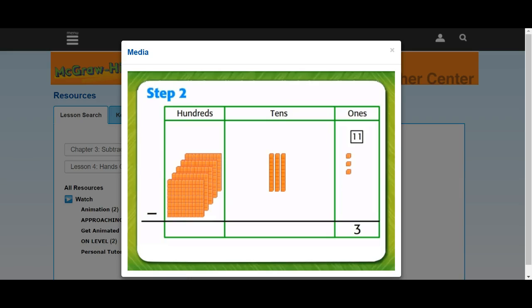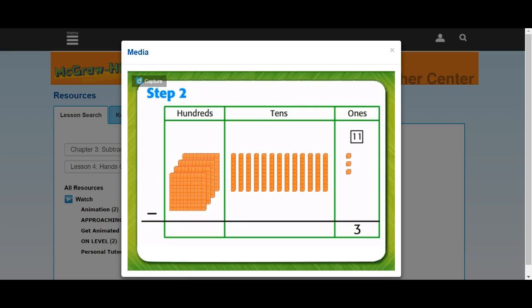Now we can look at the numbers in the tens. Can we subtract 8 from 3? No, we cannot take 8 from 3. We need to regroup the hundreds. Regroup 100 into 10 tens. So there are 13 tens. 13 minus 8 equals 5.